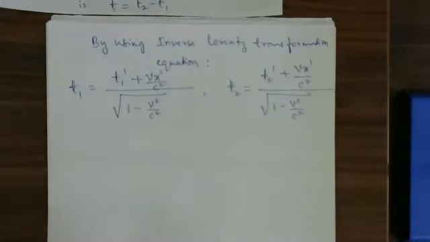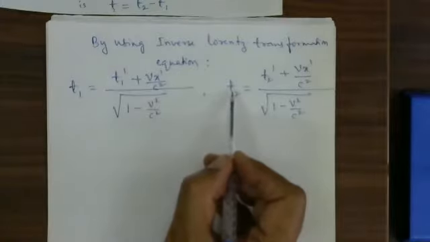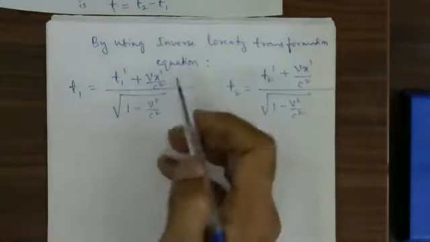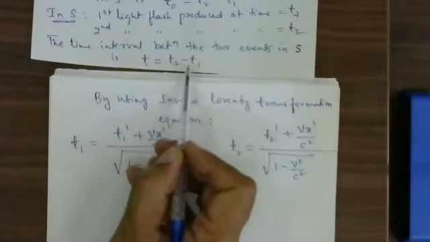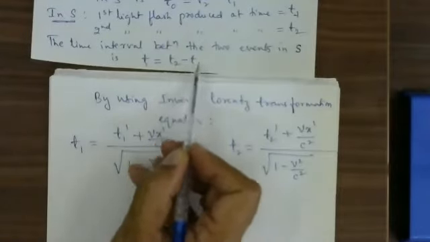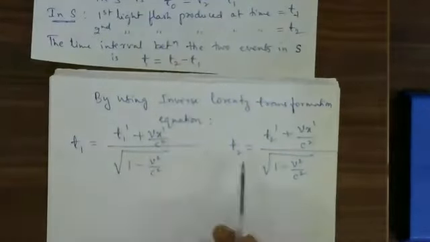Now I will take the subtraction, the difference. I want to get T2 minus T1, as on the previous page. How to get T2 minus T1? This minus this.